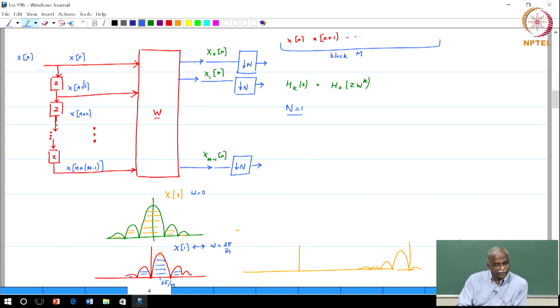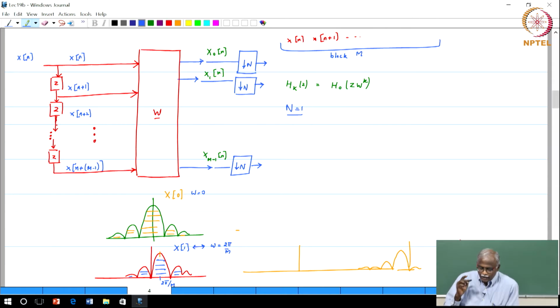So you get x of n plus 1 all the way to x of n plus m minus 1, that becomes your first block. You take the DFT of it, you should actually label this as the DFT coefficients, but it is another sequence, uppercase x, we call it x sub 0, x sub 1, you can think of it as the DFT coefficients. But basically it is a mapping from this input vector to the corresponding output vector.